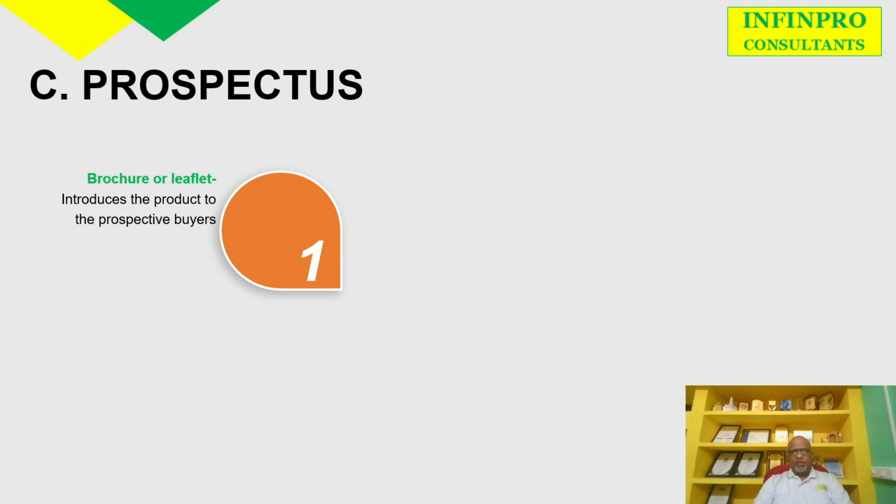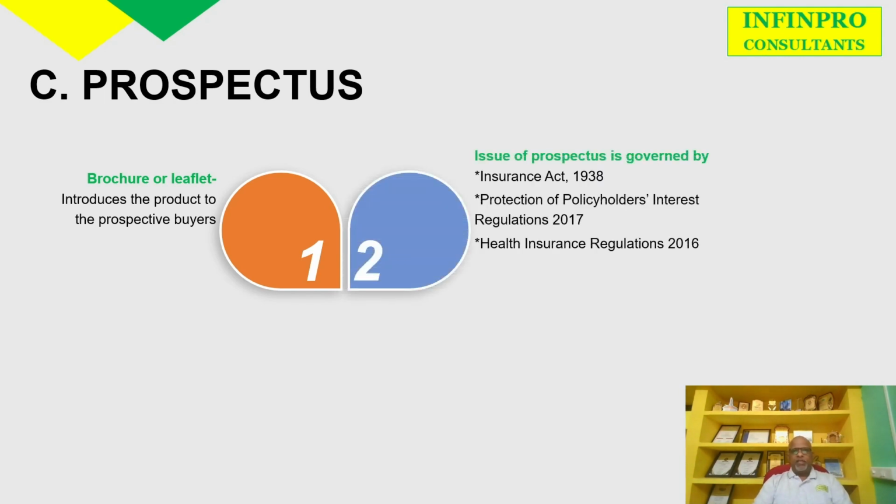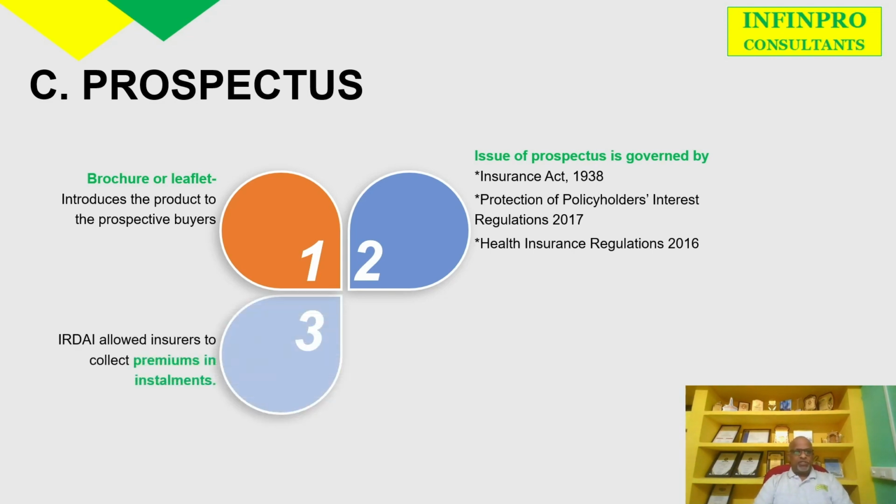So further moving forward, to know more about the product, the customer will read through something called a prospectus, which has a brochure or a leaflet speaking about the basics of the product, and it gives complete details as per the Insurance Act 1938, Protection of Policyholders' Interest 2017, and Health Insurance Regulation 2016.